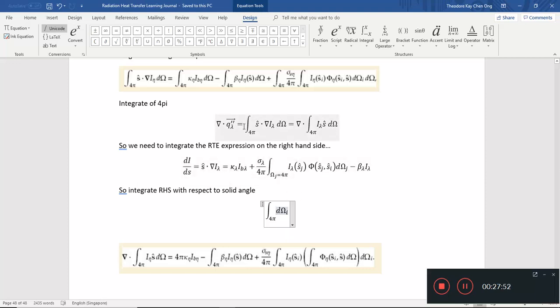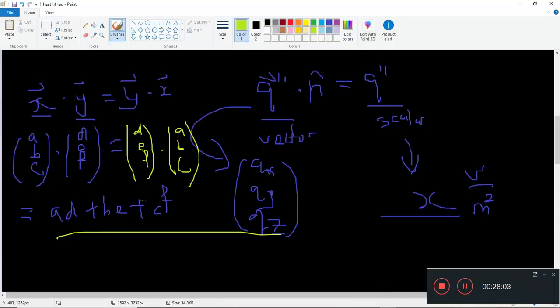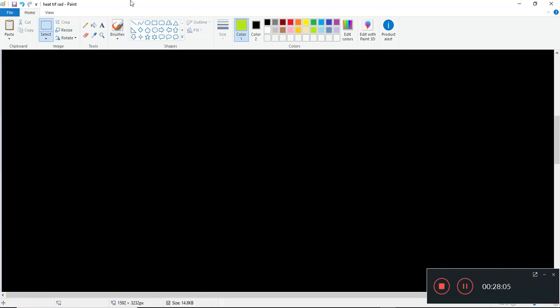Now the thing is that we need to integrate over all directions coming into, let's say, a certain volume. So again, there's a possible confusion here, we will need to use a diagram.